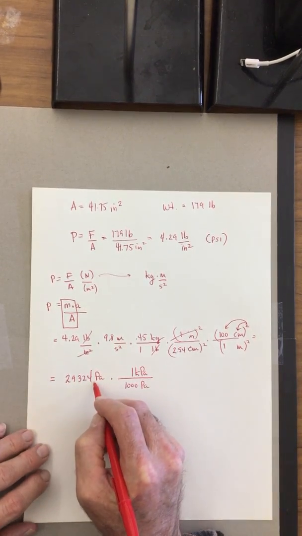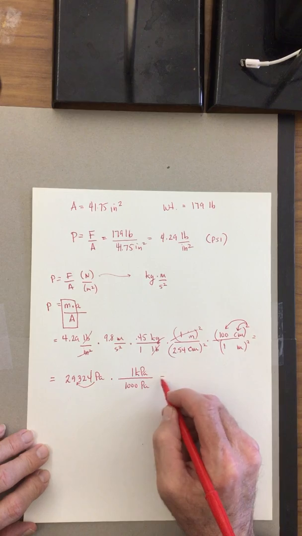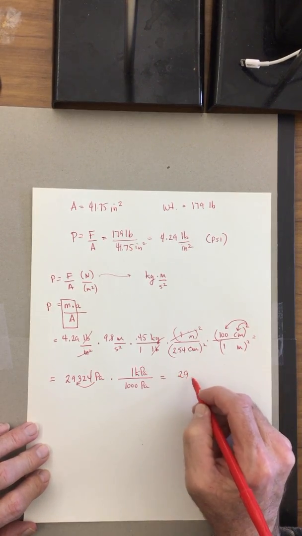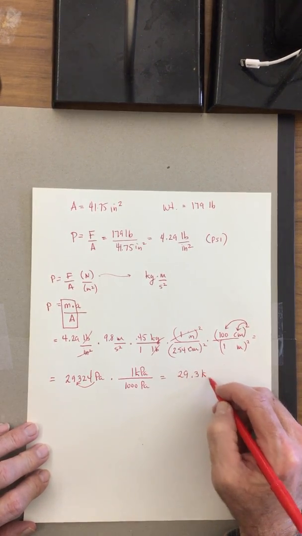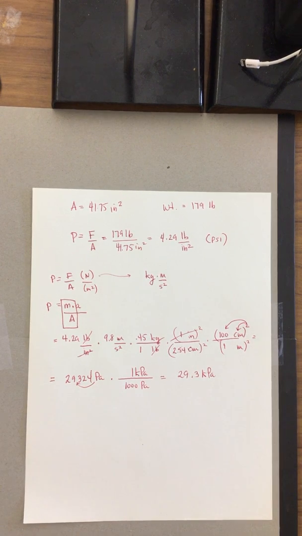We can just move the decimal place over 3 like this. So this would give us about 29.3 kilopascals. Yours should be probably, hopefully, somewhere between 20 kilopascals and 40 kilopascals, depending upon your weight and also depending upon your shoe size.